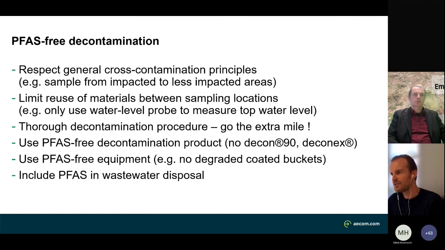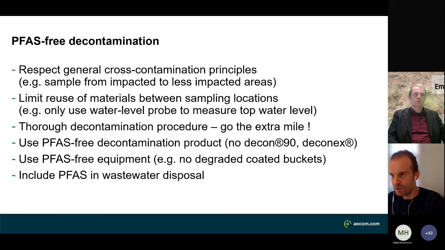For example, when taking groundwater samples, if you take the general guidelines into account and you use disposables like PE tubing, silicone tubing, and so on, the risk for PFAS cross-contamination could be minimal.